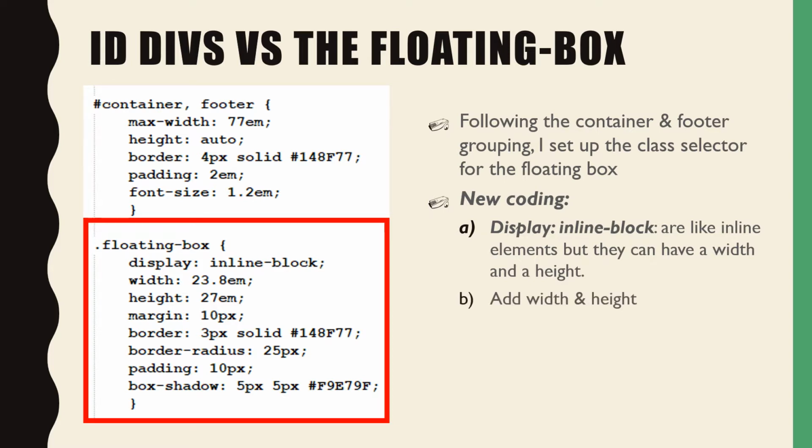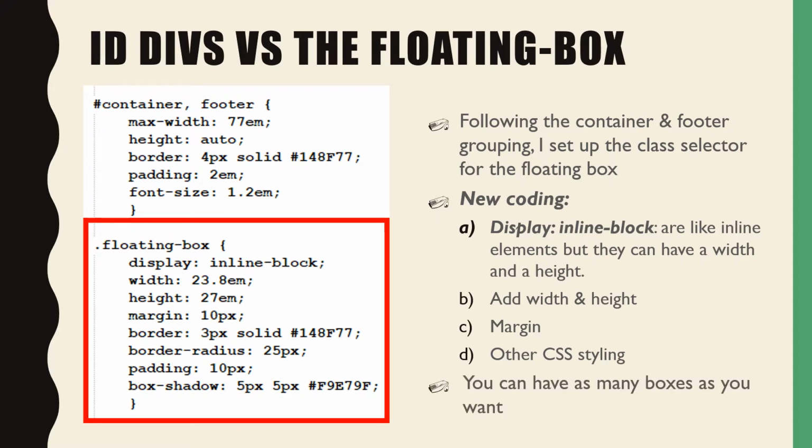You add width and height to your floating box, margins, and then you can add other CSS stylings. In my case, I added a border radius, padding, and box shadow. It's a good idea to add your border so you can see how your objects are moving. You can have as many floating boxes as you want.